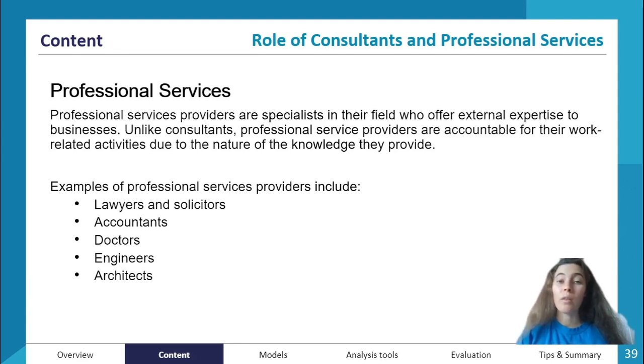So this is where those professional services that those people are providing are about accountability, because they have got that specialty in the field, and they're providing that knowledge to a business for that reason.